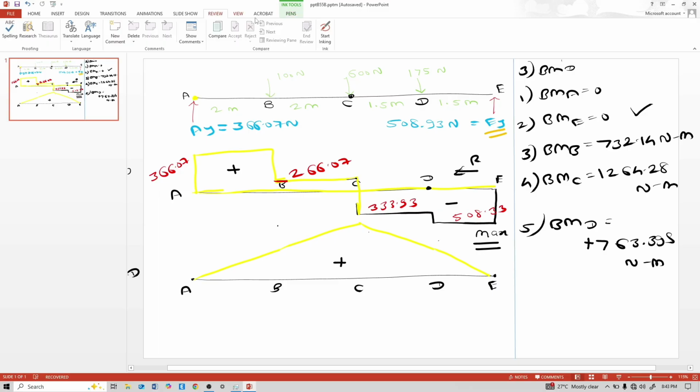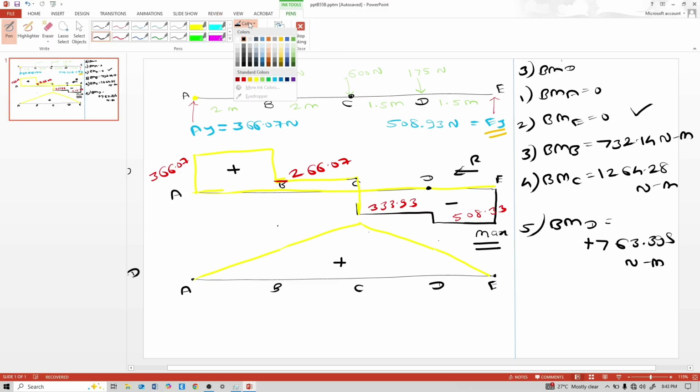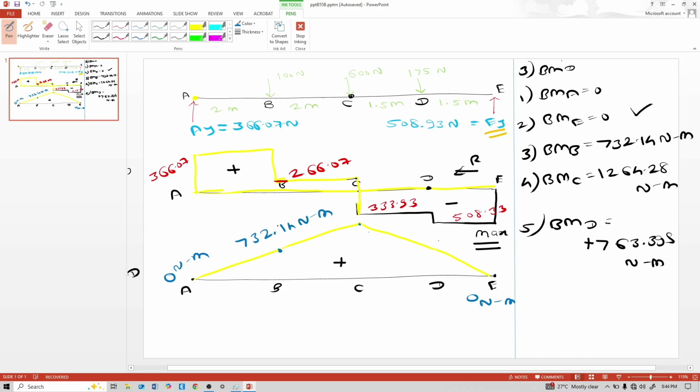So values are: here 0 Newton meter, here also 0 Newton meter, here at point B it is 732.14 Newton meter, at point C it is maximum, 1264.28 Newton meter, and at point D it is 763.395 Newton meter.